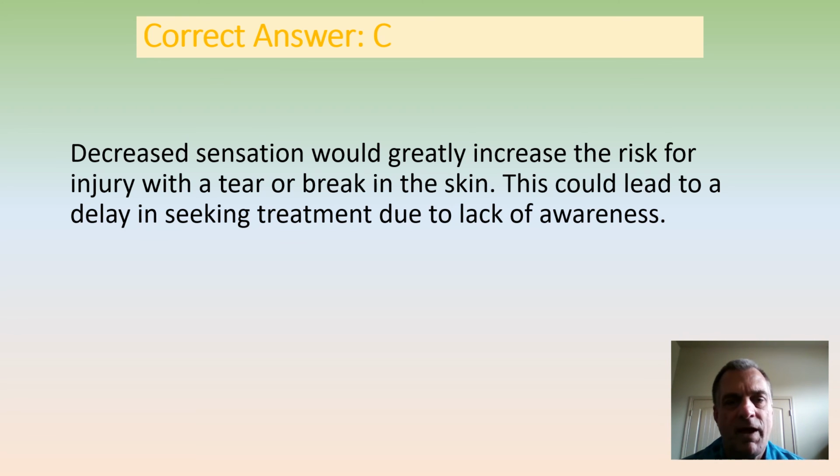The fact that neural sensation changes is the greatest risk factor for skin breakdown, because if you can't feel, you don't know what you step on, or you don't know how hot the water is to get a scalding burn. So that's a big issue. So this will end part one of this series on the skin and wounds.